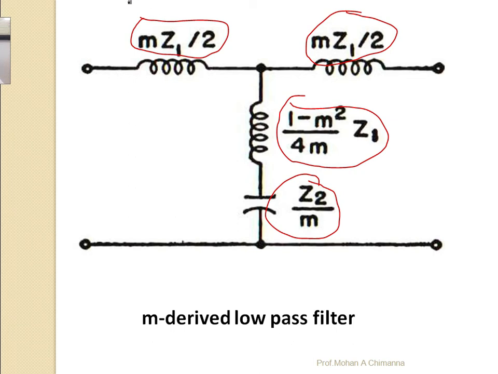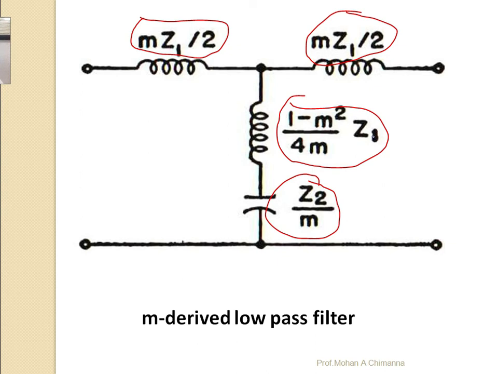Here the series arm impedance is always represented by Mz1 by 2, Mz1 by 2, (1 minus m square) upon 4m Z1 and Z2 by m. In the case of the high pass filter, the capacitor should be available, so that there is 2Z1 by m, 2Z1 by m, and here is the Z2 by m z2, and there is a (4m minus m square) upon 4m upon (1 minus m square) into Z2.